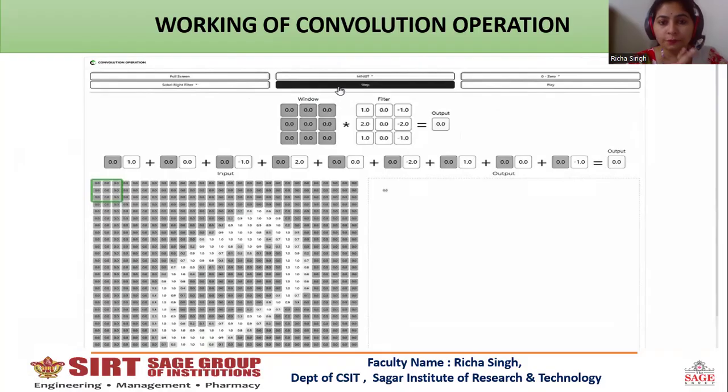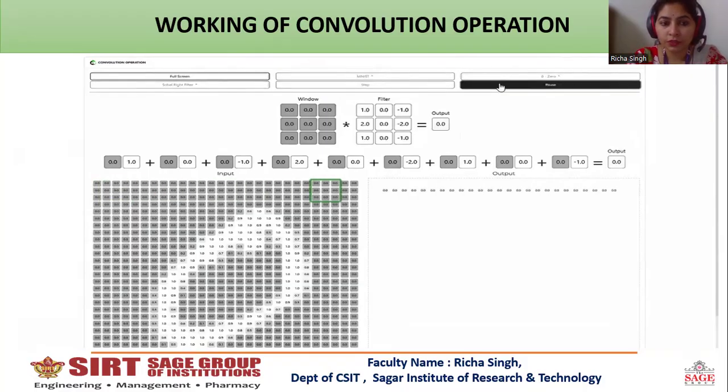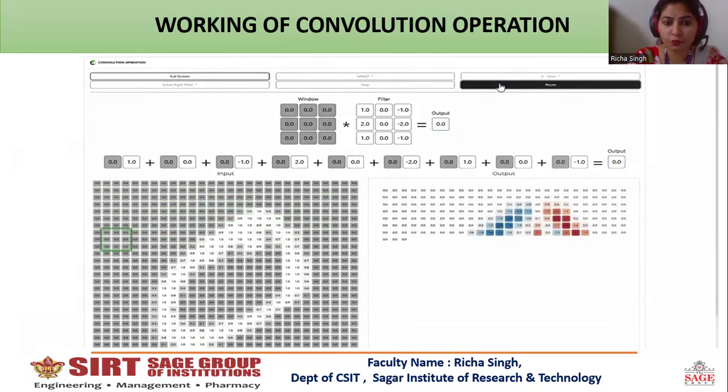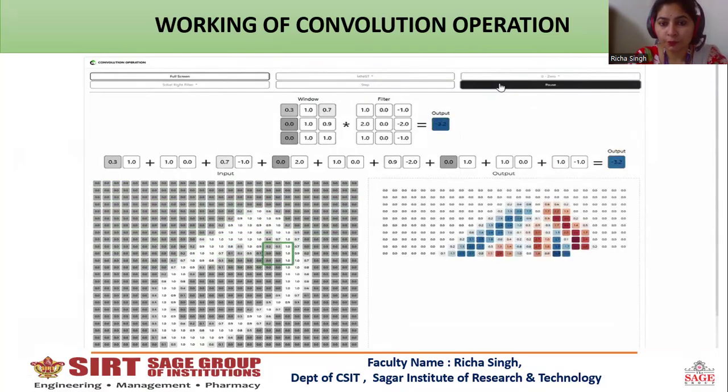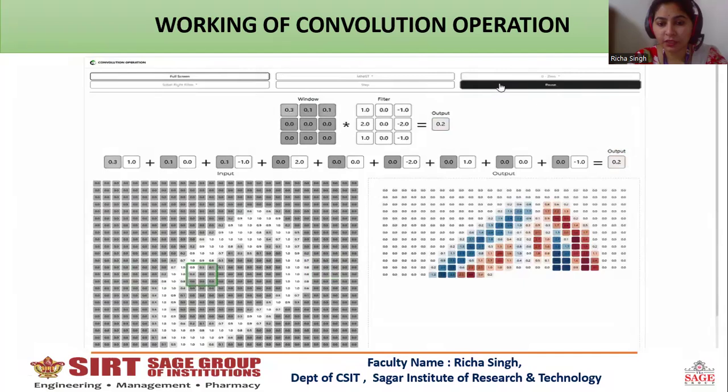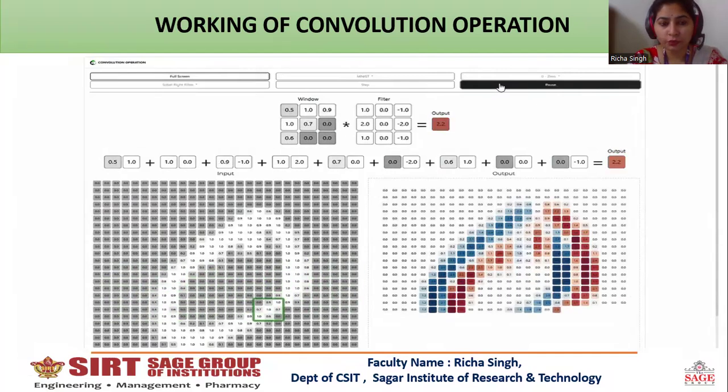A filter of 3 by 3 is applied on that image, the matrix multiplication and summation operation is completed, and thereafter we are extracting the feature.